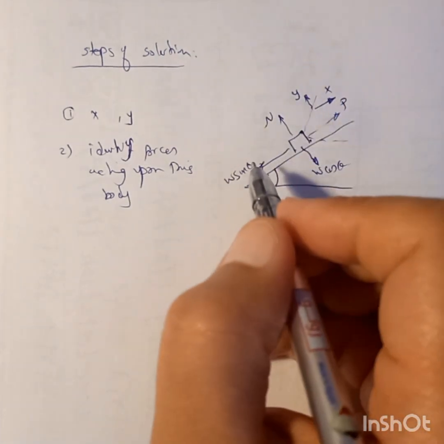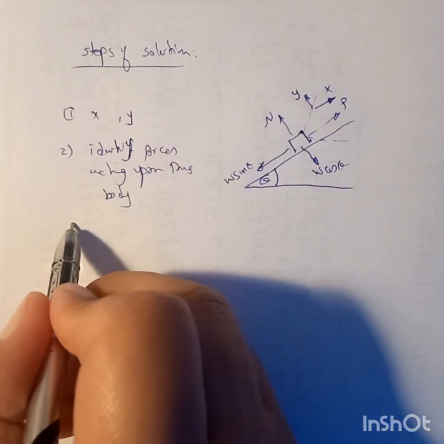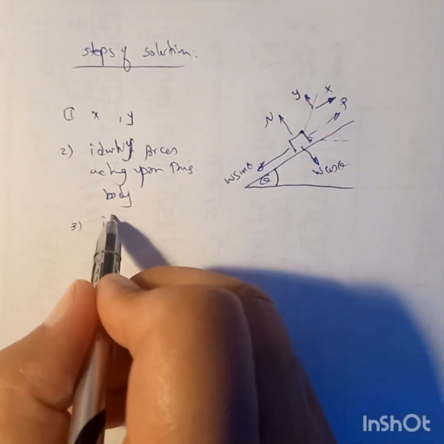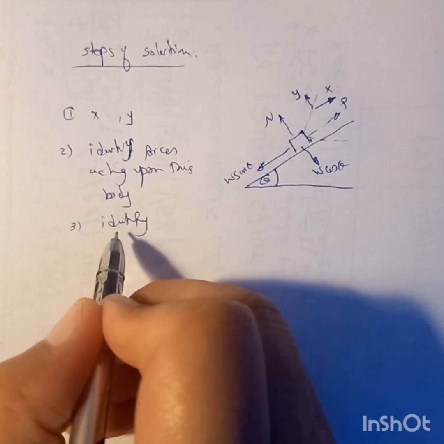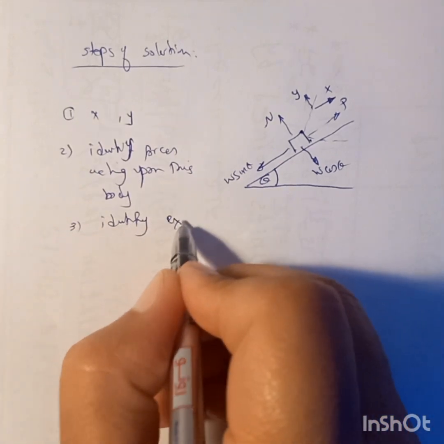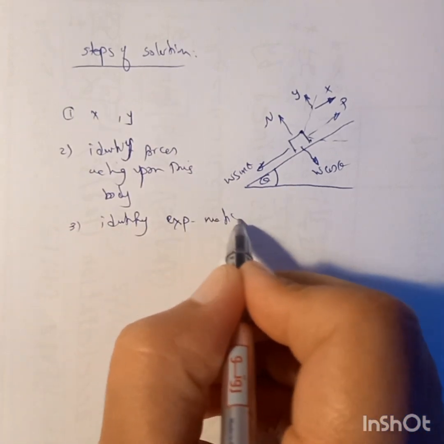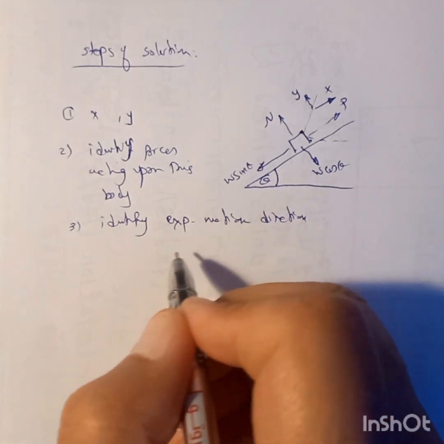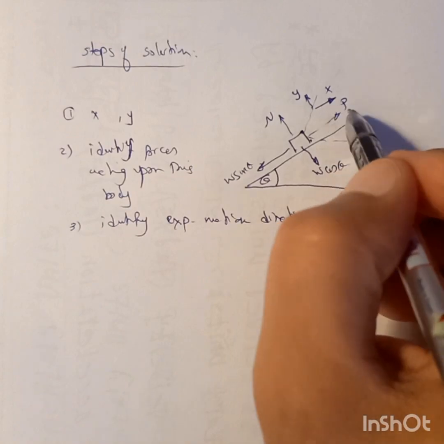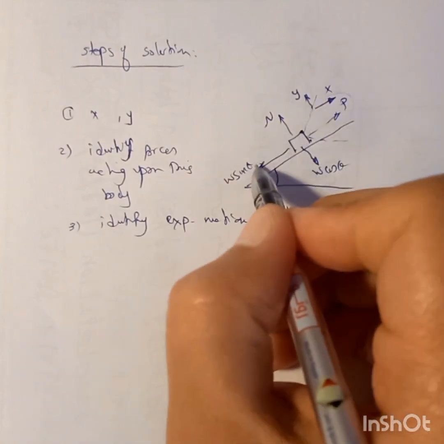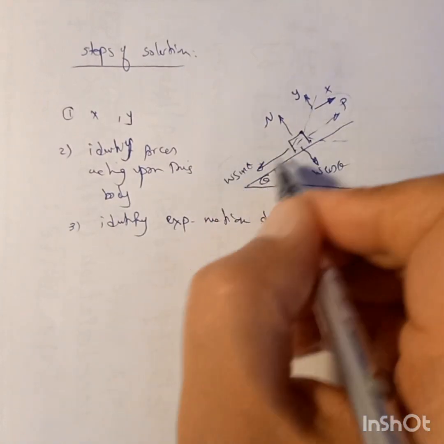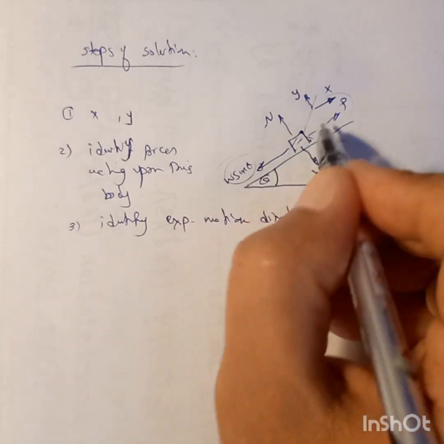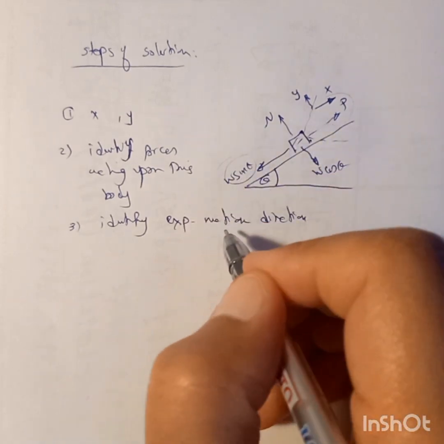Number 3, you have to identify the expected motion direction by comparing the components of forces in this direction with the components acting upon this body in the other direction. Whichever is greater gives the expected motion direction.